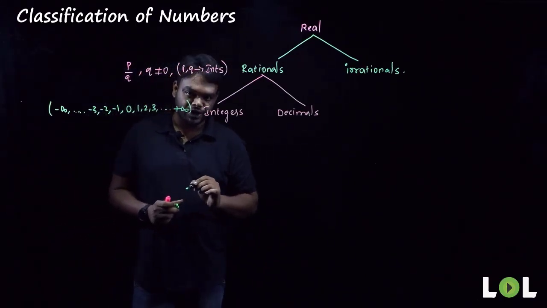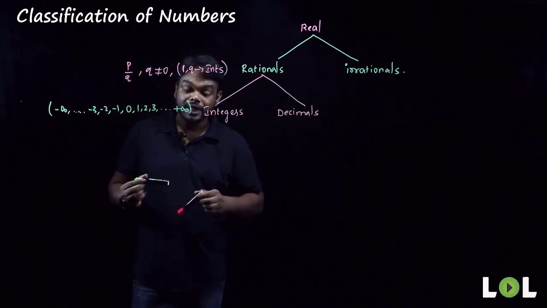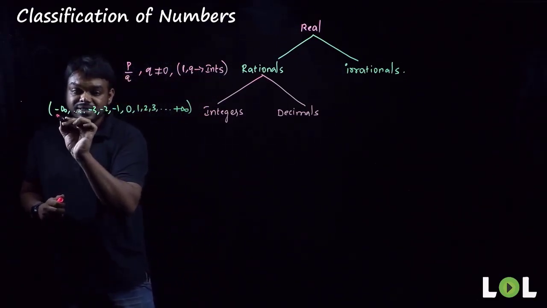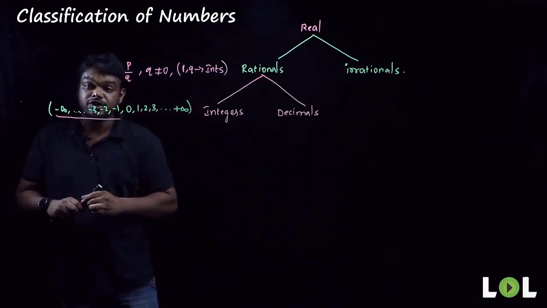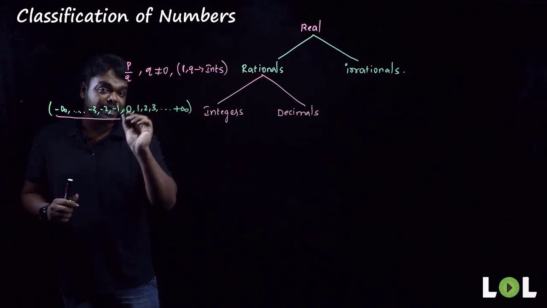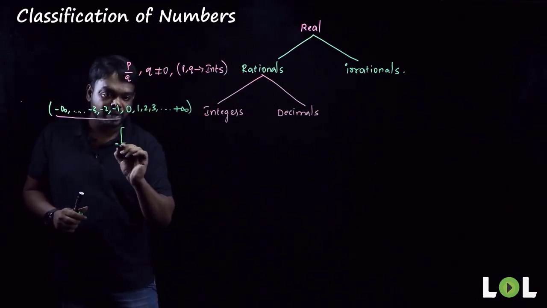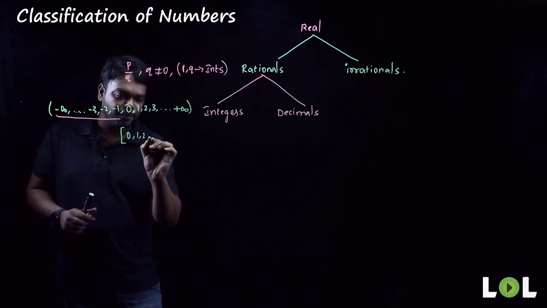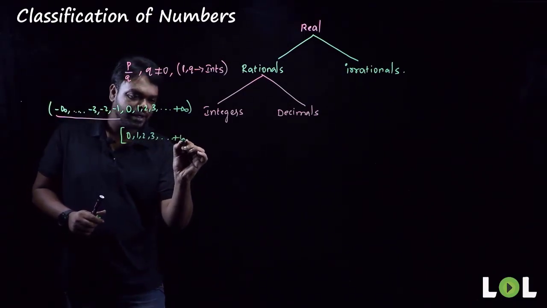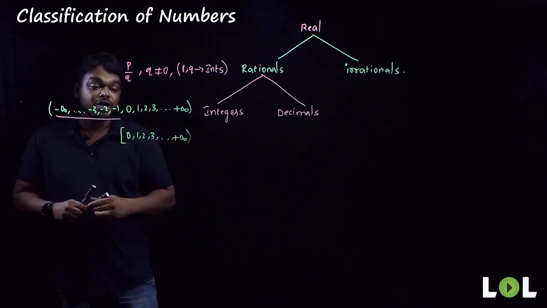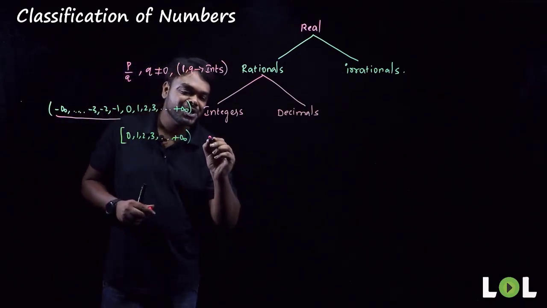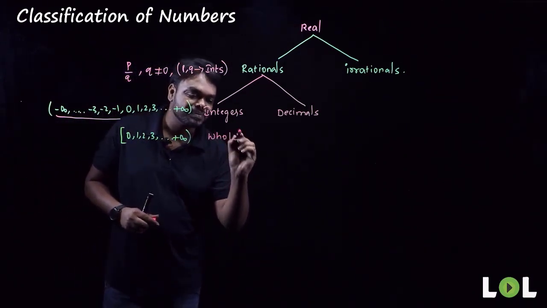So these are integers. Now suppose I eliminate the negative numbers from the integers. If we eliminate all the negative integers, what happens? We will be left with all the positive integers including 0. These are nothing but whole numbers.